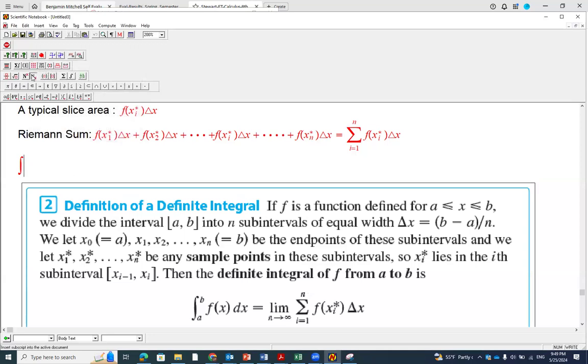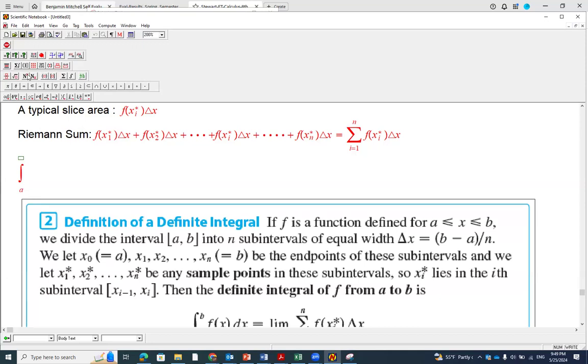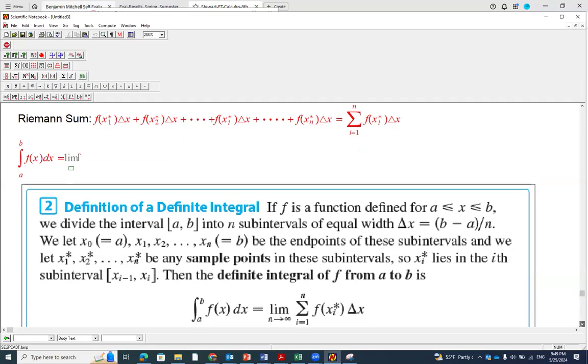Okay, from a to b, on the interval, the integral of f of x dx equals that limit, bring the limit over here, as n approaches infinity.